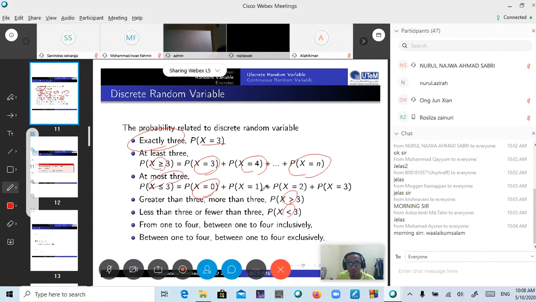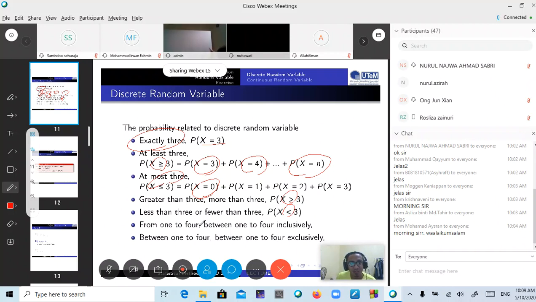0, 1, 2, 3. But somehow it depends on the question, because some questions are given in a table where zero does not exist. If zero is not there, do not include it. Of course there will be no zero. Then greater than 3, more than 3, is also the same thing. Less than 3 or fewer than 3: this one has no equal sign.